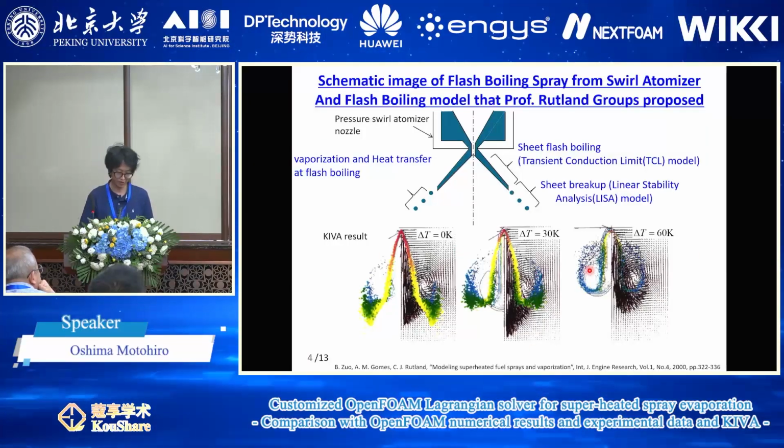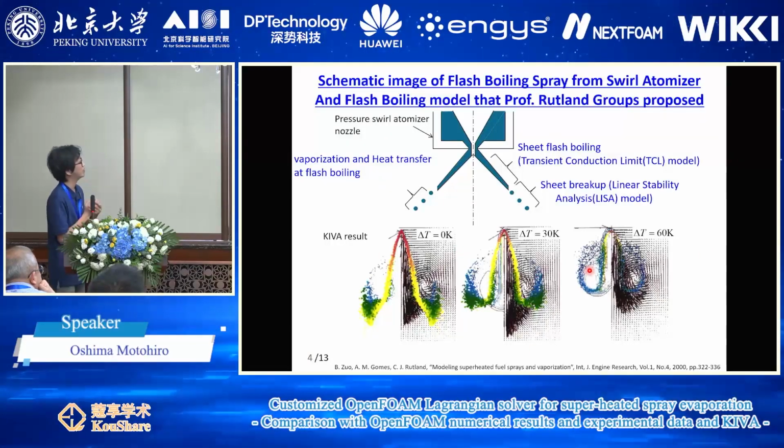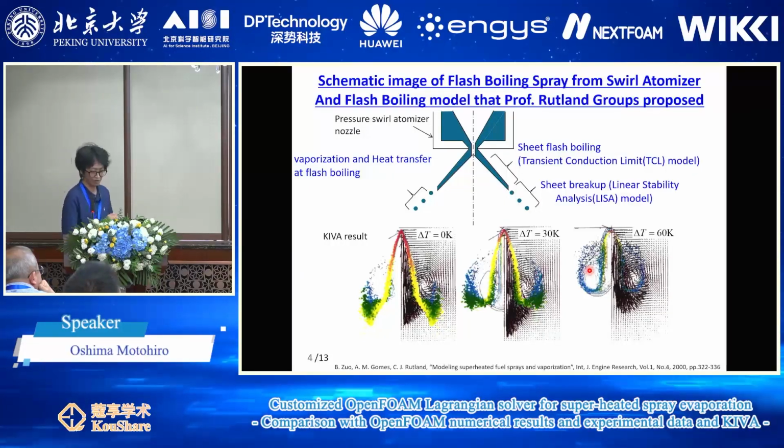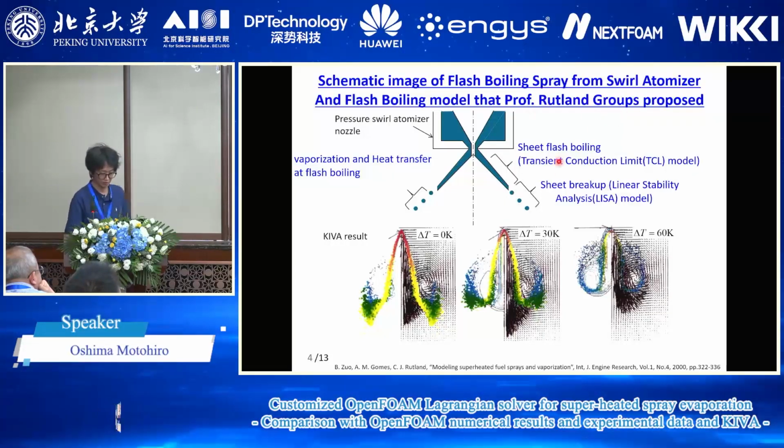The bottom figure is the Kiva result calculated by the Rutland group.